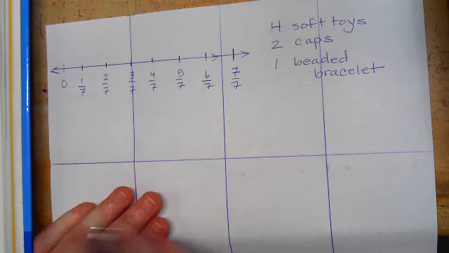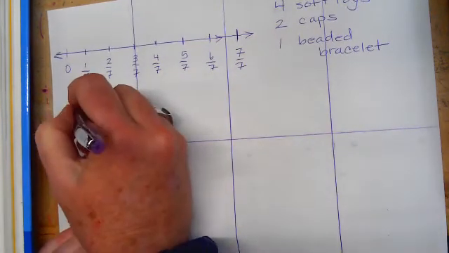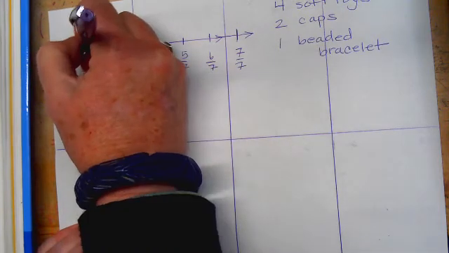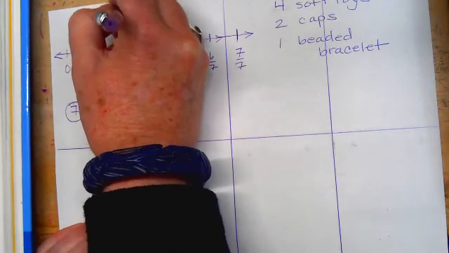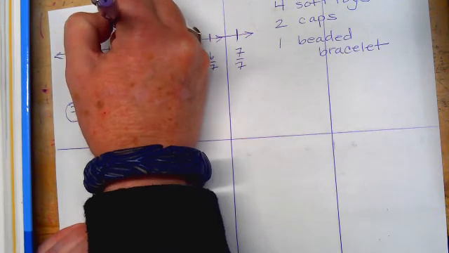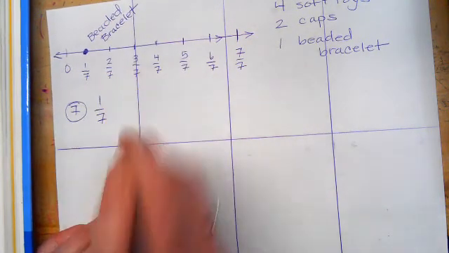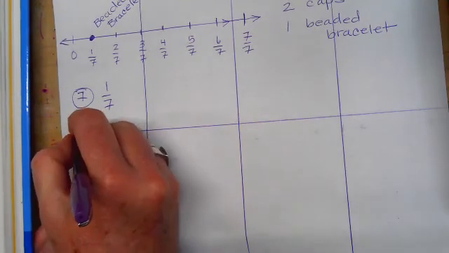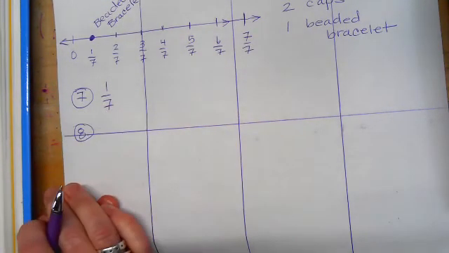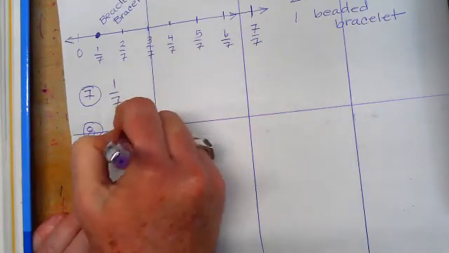Okay, so the probability of getting her favorable outcome, and she wants a beaded bracelet, right? So, what is the probability of her getting a beaded bracelet? There's only one of them. So she only has a 1 in 7 chance. We can mark it right here and say beaded bracelet. So she has a 1 out of 7 chance of getting the bracelet.